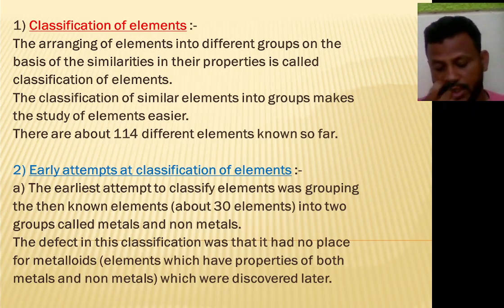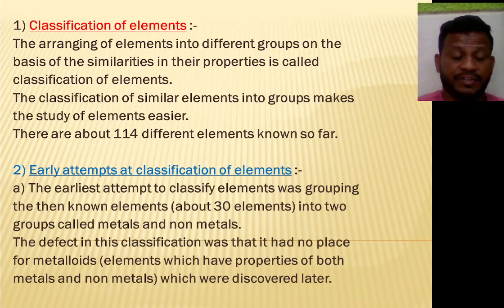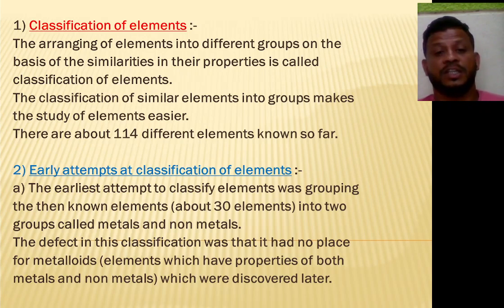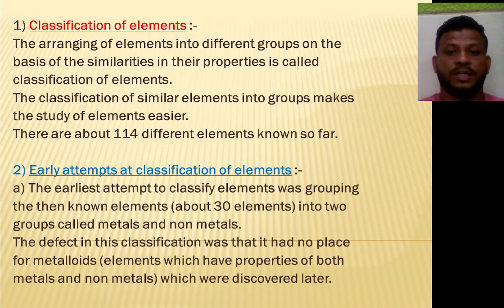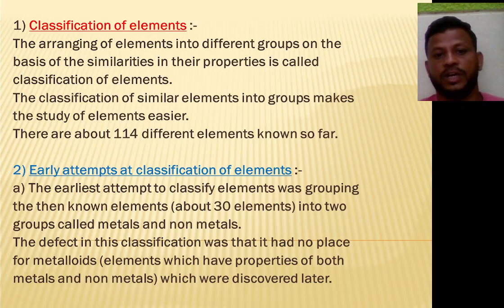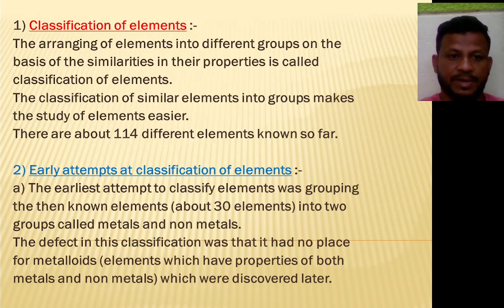Look here, today we see that we find a lot of elements in nature. All these elements have to be classified into different groups, different periods, according to their properties and similarities. That is known as the classification of elements.